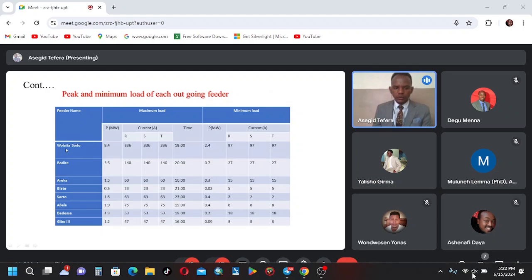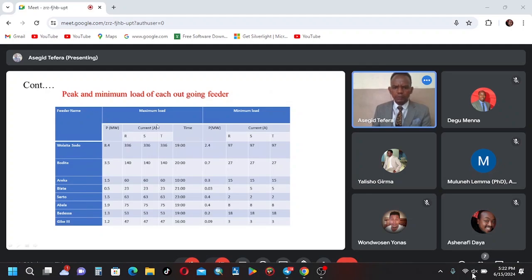Sodo feeder is 8.4 megawatt, Boditi 3.5 megawatt, Araka 1.5, Blate 0.5, Sorto 1.5, Abela 1.9, Pedesa 1.3, and Gibe 3 1.2. So these are the breakers, and these are the breaking currents.